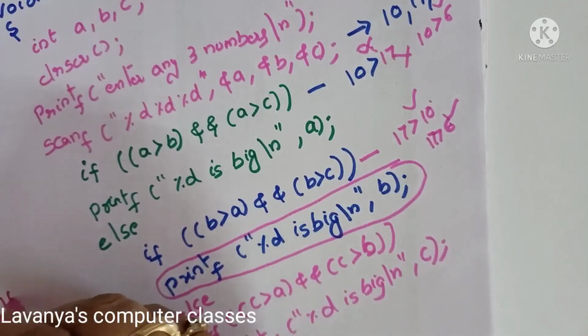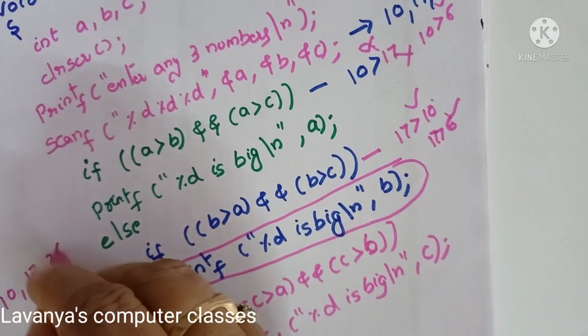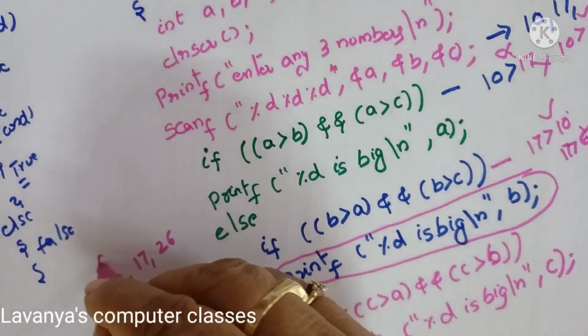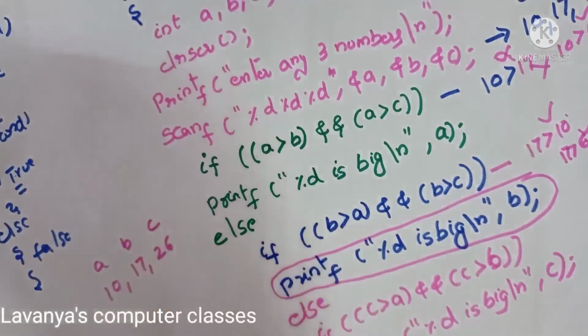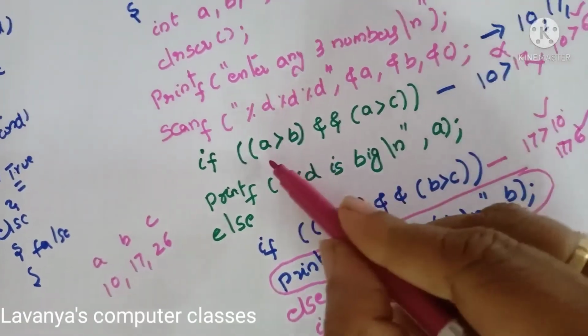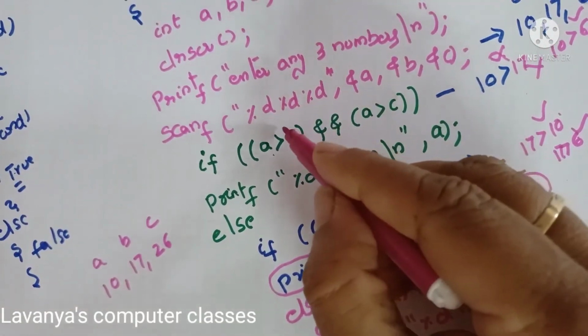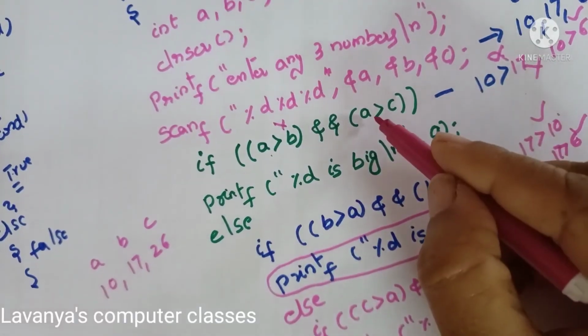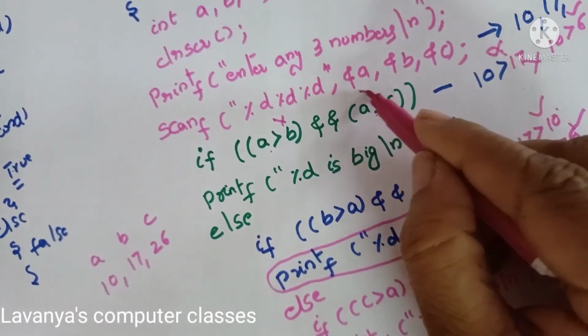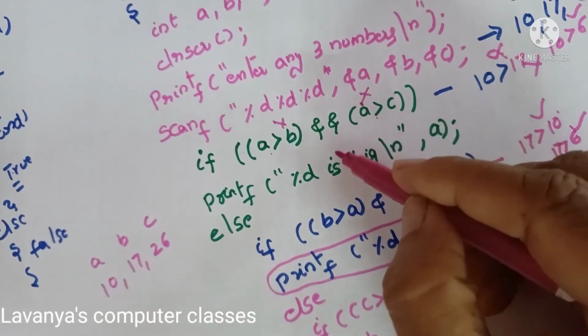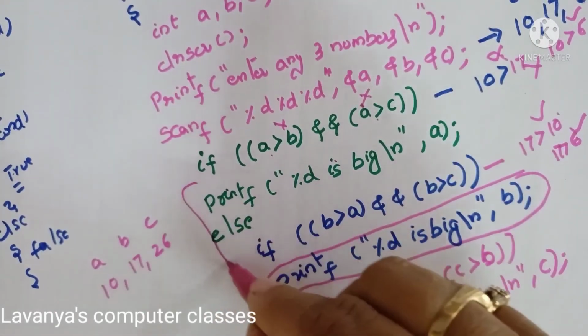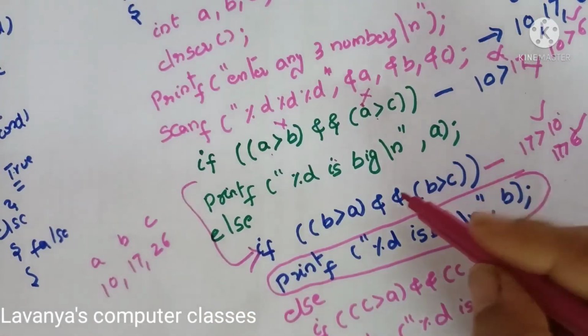Otherwise, go for some more numbers: 10, 17, 26. Here A is 10, B is 17, C is 26. Check again. A greater than B means 10 greater than 17, wrong. 10 greater than 26, wrong. Both the conditions are wrong, so it does not execute. It goes to the else.